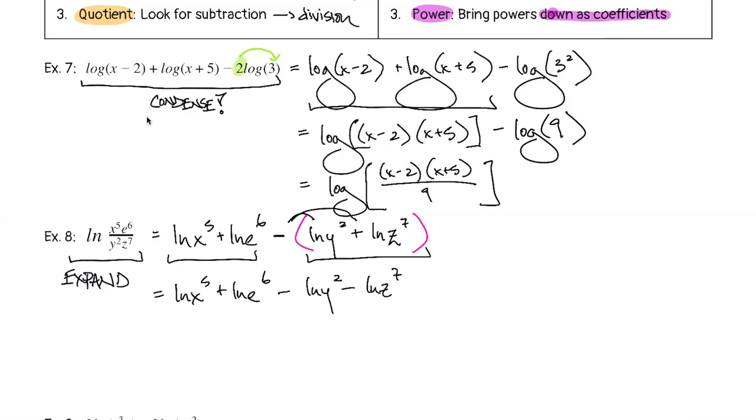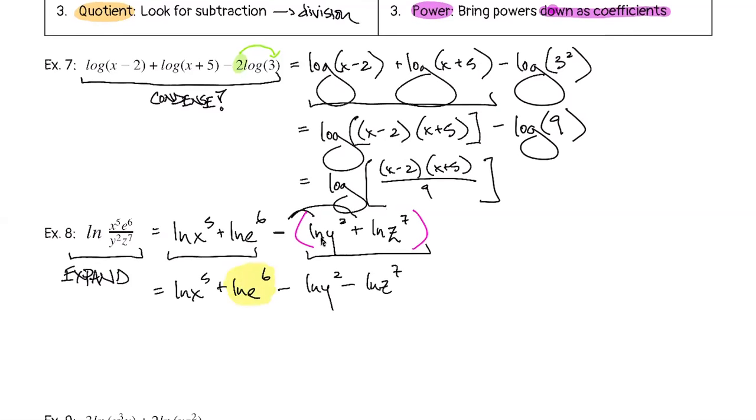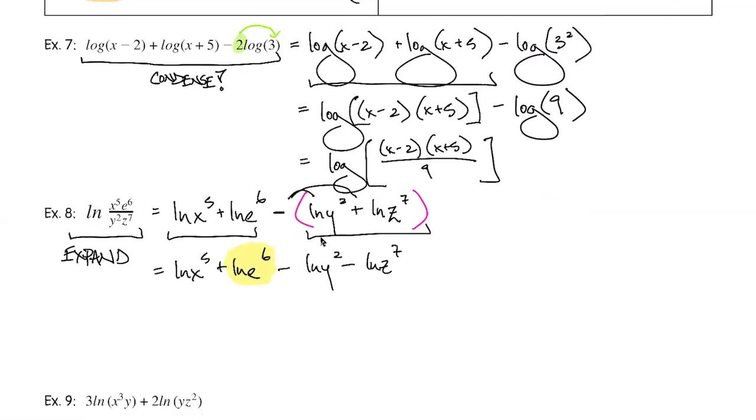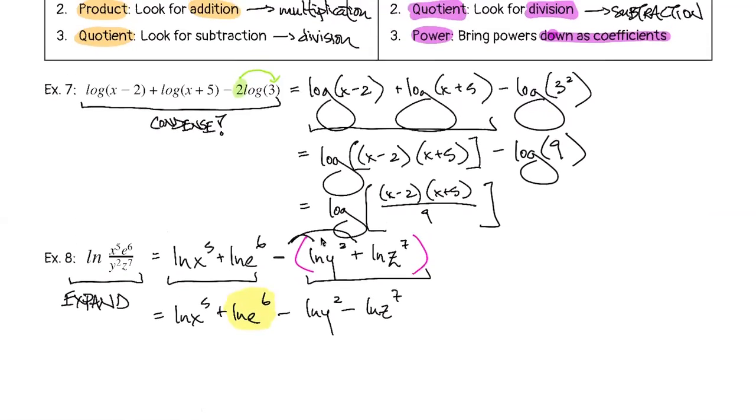Okay. Now, to the question about simplifying the numerator, there is one spot where we can simplify, right? And that is right here. So natural log of e to the 6th, right? This becomes more clear when I use my power property.